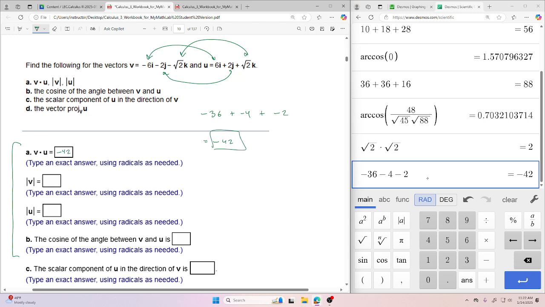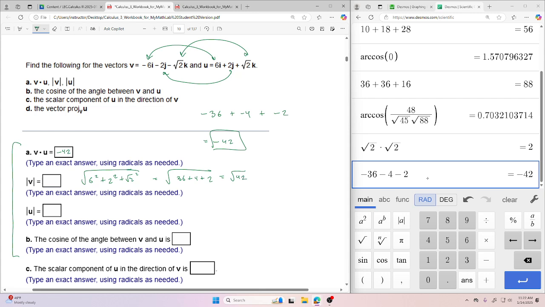And again, that's nice. What does it tell me? Not much, just a number. The magnitudes. So going through the magnitudes here, I got the square root of 6 squared plus 2 squared plus the square root of 2 squared. 36, 4, and what do I put over here? 2, exactly. You know what's kind of funny? Doesn't that look the same?